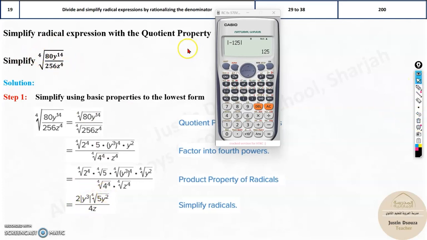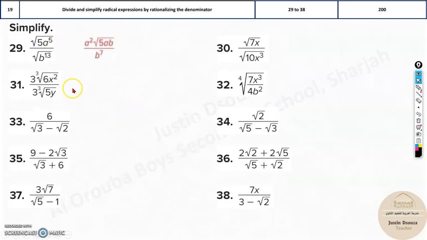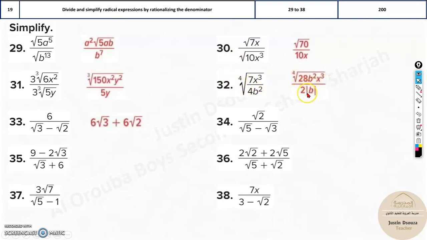Now let's look into the answers. It's easy to figure out. Now, over here, see this one. It's having power 4. Whenever you solve this, this can be simplified. We have to rationalize the denominator, right? Basically, I will solve one of the problems to show how to solve this type.